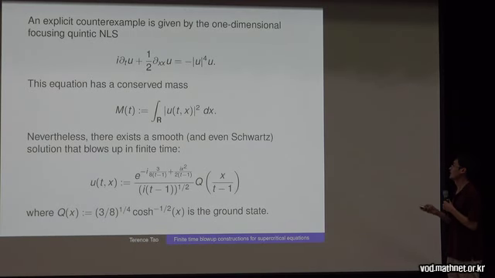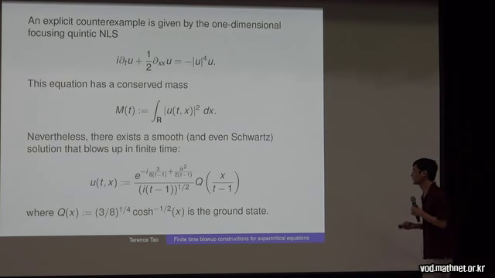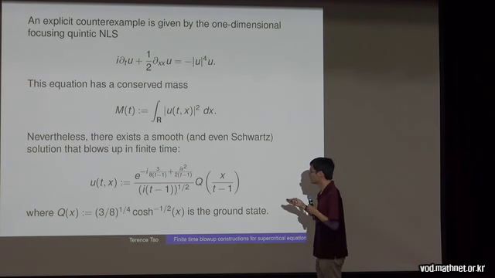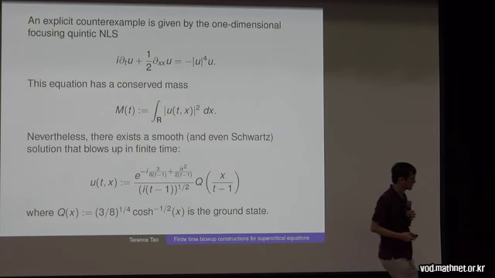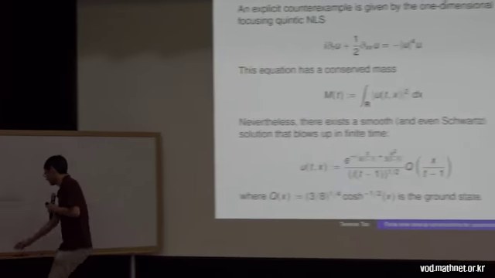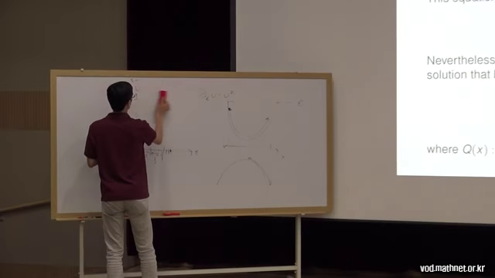But nevertheless, there are solutions to this equation that are completely smooth at time 0, but then they become infinite at some finite later time. So there's an exact solution which you shouldn't really stare too hard at. But it's easier to describe what it looks like. Just sketch it.